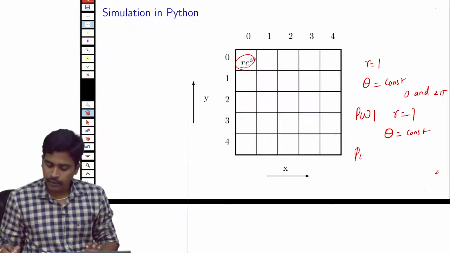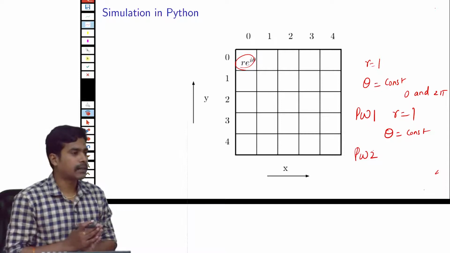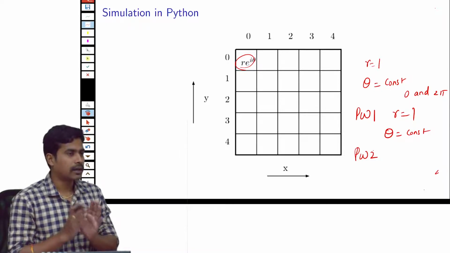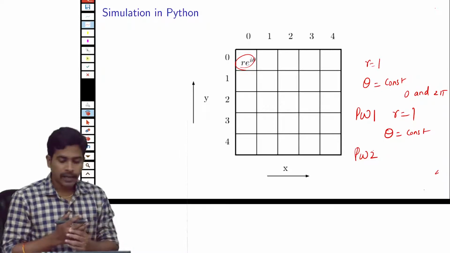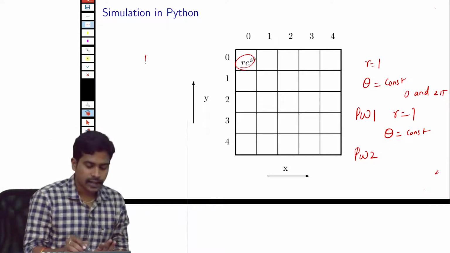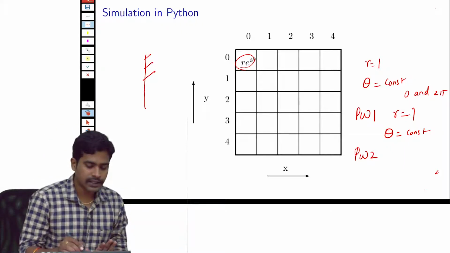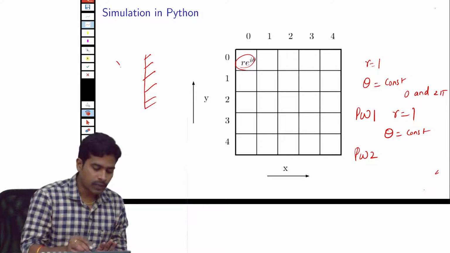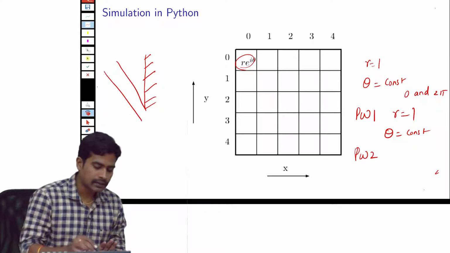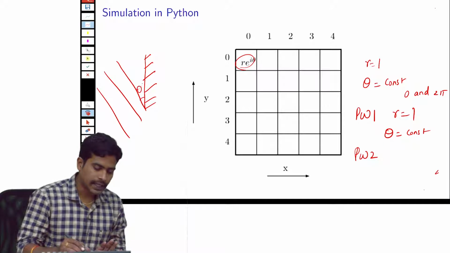For plane wave 2, we again have to take another matrix of the same dimension, m by m or n by n, but in the case of the second plane wave, as I have shown in the previous figure, if this is the screen, plane wave 2 is coming at an angle like this, and this is the theta angle.